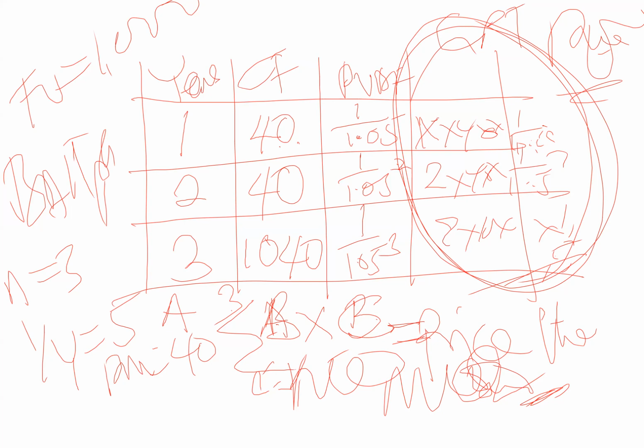So for Macaulay duration, you multiply the year times the cash flow times the present value discount factor, and you put it in column D. Then 2 times 40 times 1 over 1.05 raised to the power 2, then 3 times 1040 times 1 over 1.05 raised to the power 3.